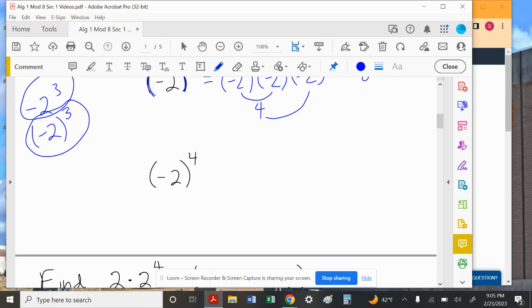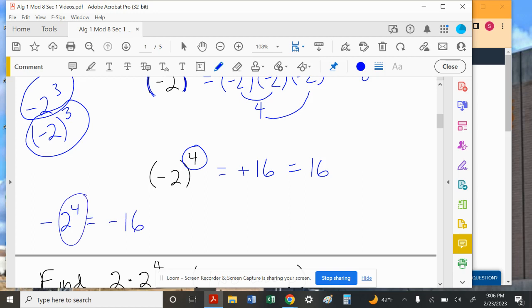So notice that it's negative 2 to the fourth. This is an even power. Notice we have parentheses around that, so that means that the negative is also to that power. So this would be a positive 16, which is really 2 times 2 times 2 times 2. Okay, so it would be positive 16. Now, of course, if I had negative 2 to the fourth without parentheses, that would equal negative 16. Now, why is it negative 16?